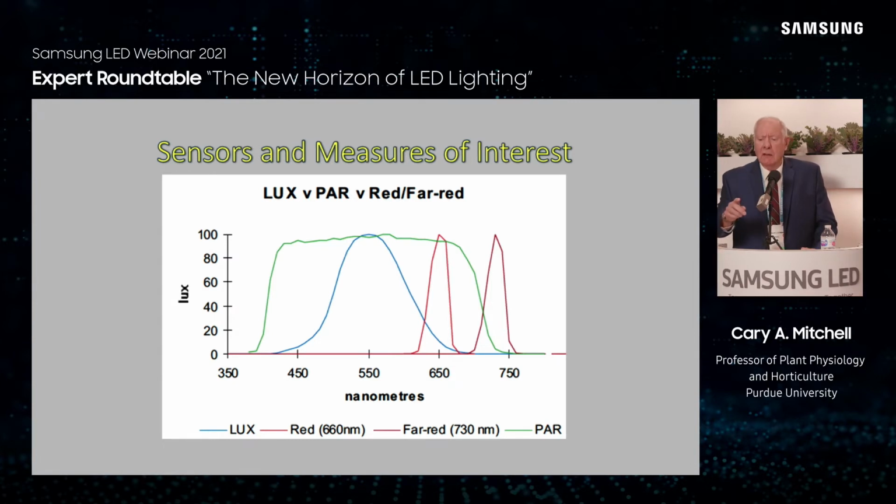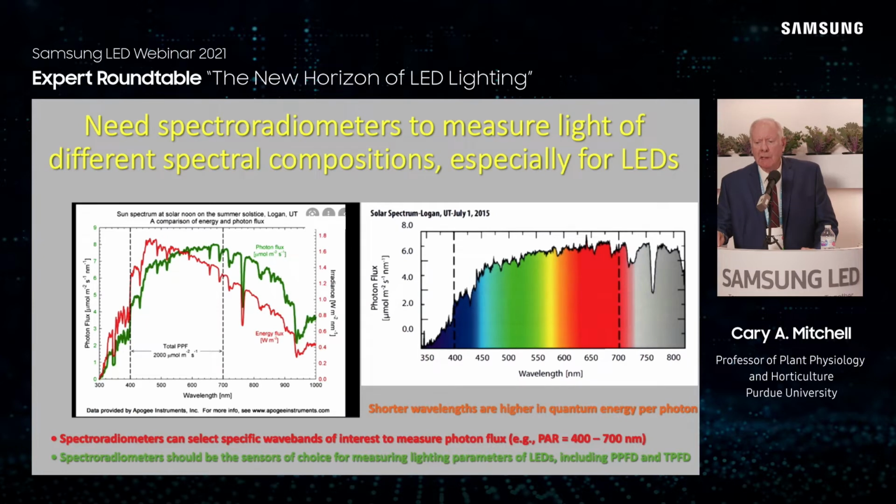And then two wavelengths that are really important are red and far red, because they drive the phytochrome system, which is extremely important for development and things like flowering. And so here we have two spectra showing both the intensity and the photon flux.